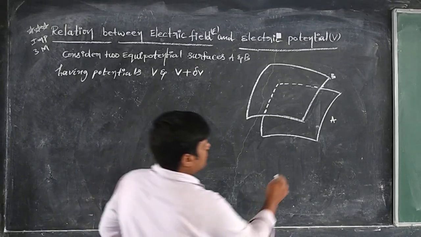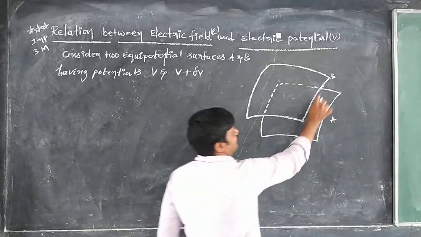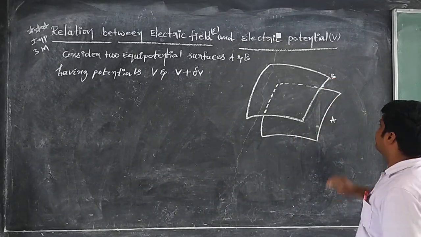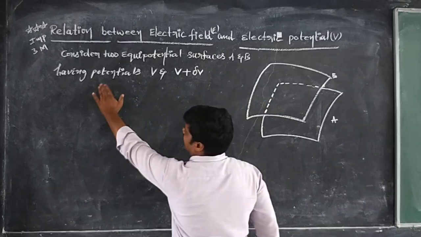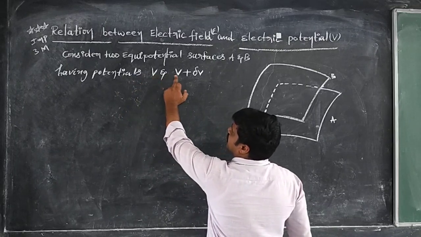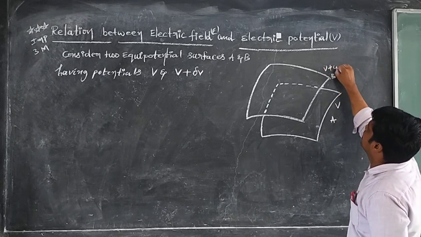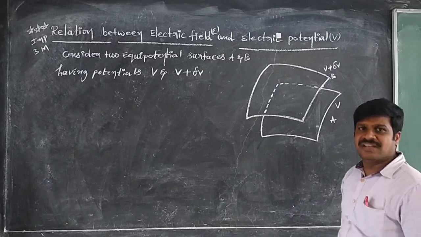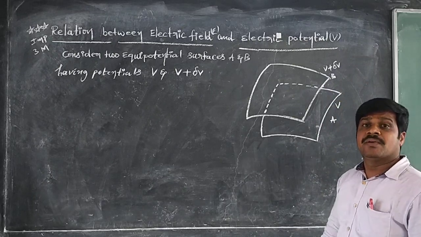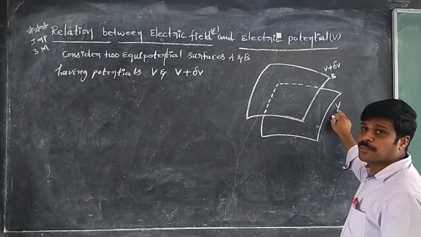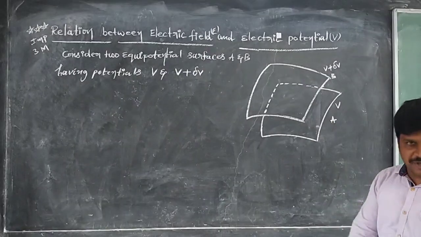The first one is equipotential surface A and the second one is equipotential surface B. These two surfaces have the potentials V and V plus delta V. Surface A has potential V, and surface B has total potential V plus delta V. That means there is some change in potential value between them.